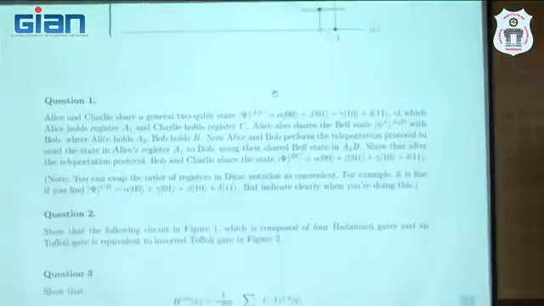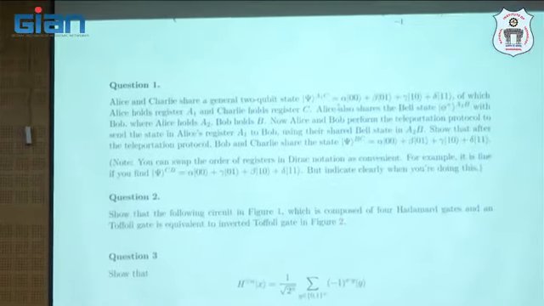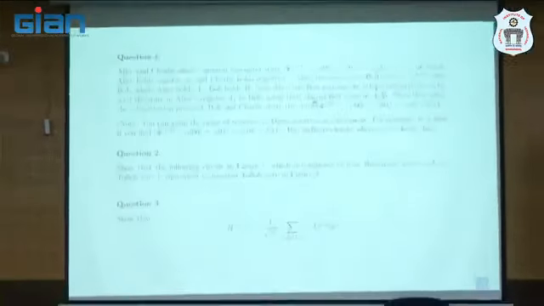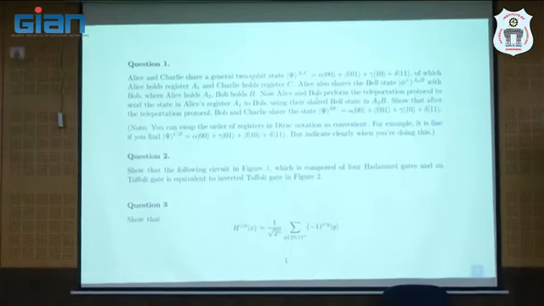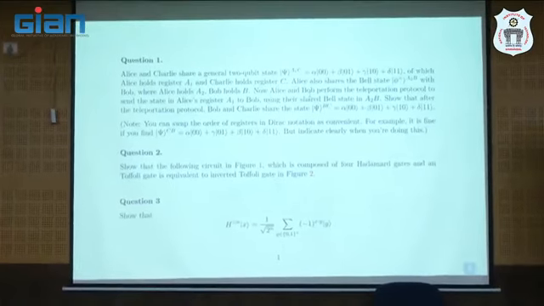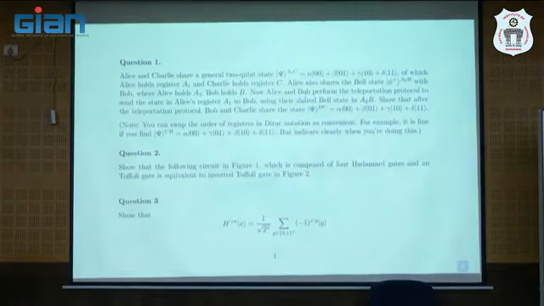Here's a question about teleportation, but maybe we'll get to it later. Let's get to this question. Remember we said that we would try to do this in the tutorial, this formula about the Hadamard H tensor n.